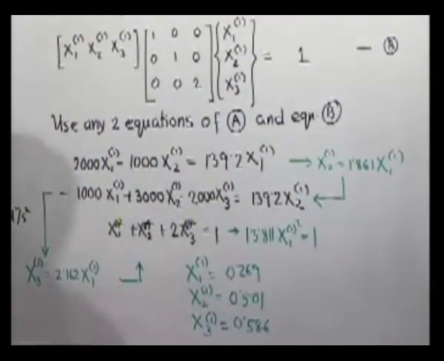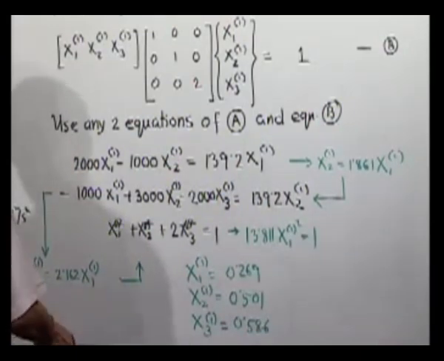So we have found out x1, the first column of the modal matrix.